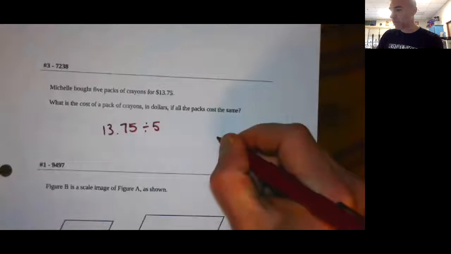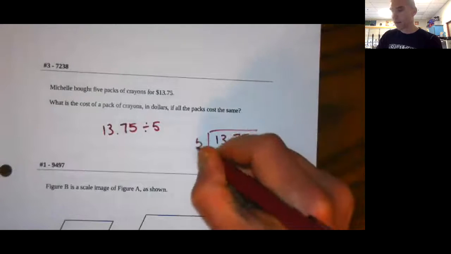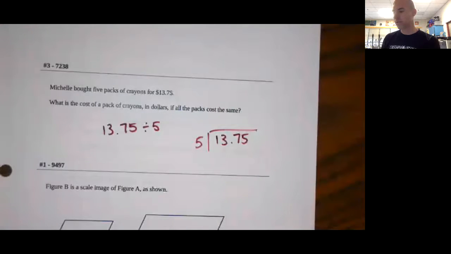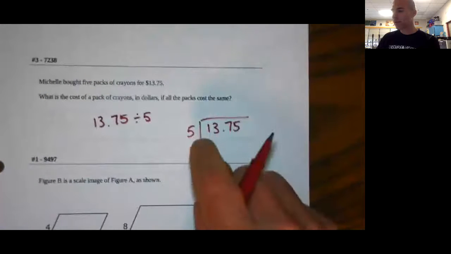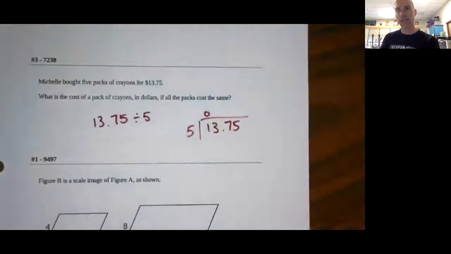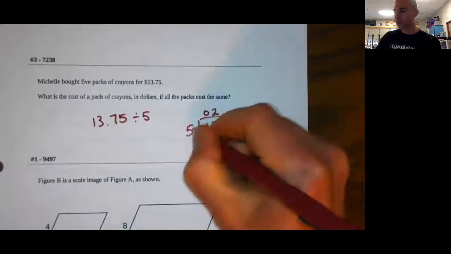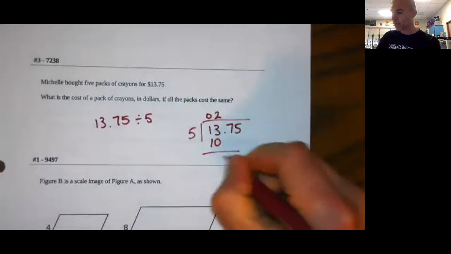A few times during the school year, we practice long division like this, so let's look at it one time real quick. 5 goes into 1 0 times, so we put a 0 to indicate that. 5 goes into 13 2 times. 2 times 5 is 10. We subtract and get a 3.